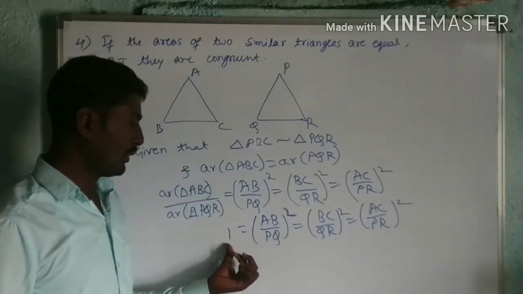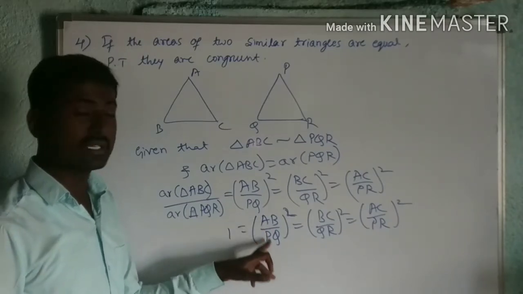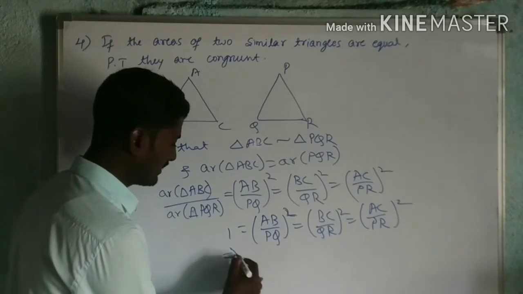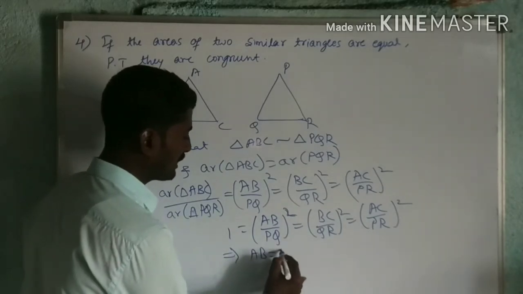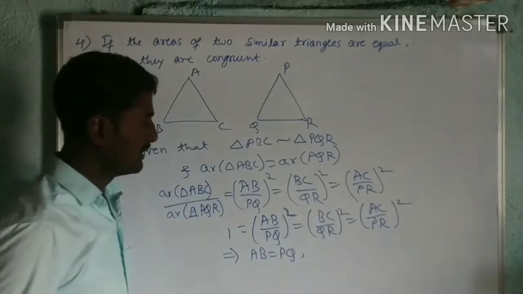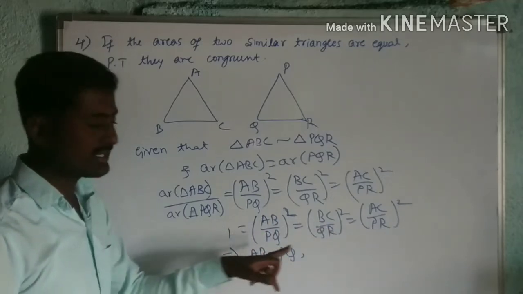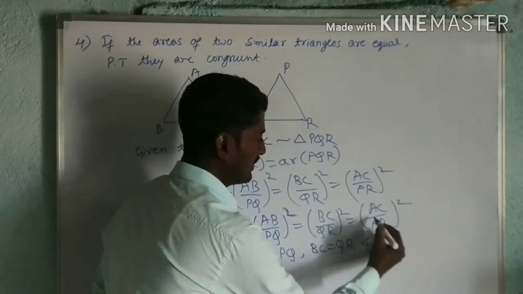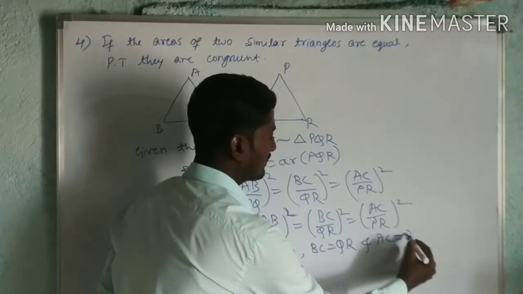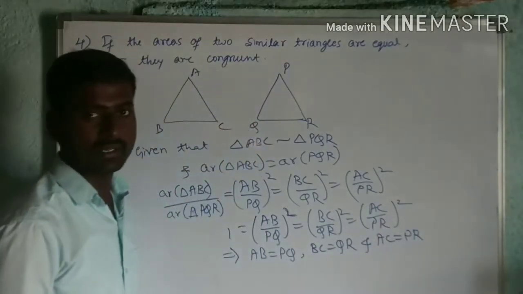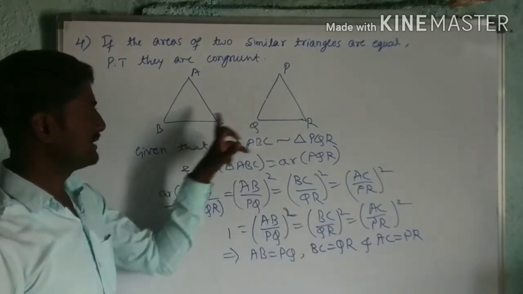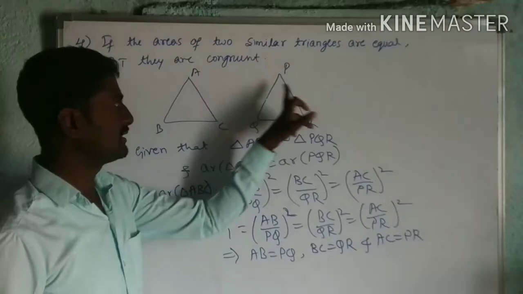If this is equal to 1, then these must be equal. Then only I can get this as 1. So this implies AB is equal to PQ, again this is equal to 1, so BC is equal to QR, and AC is equal to PR. Now AB is equal to PQ, BC is equal to QR, and AC is equal to PR.